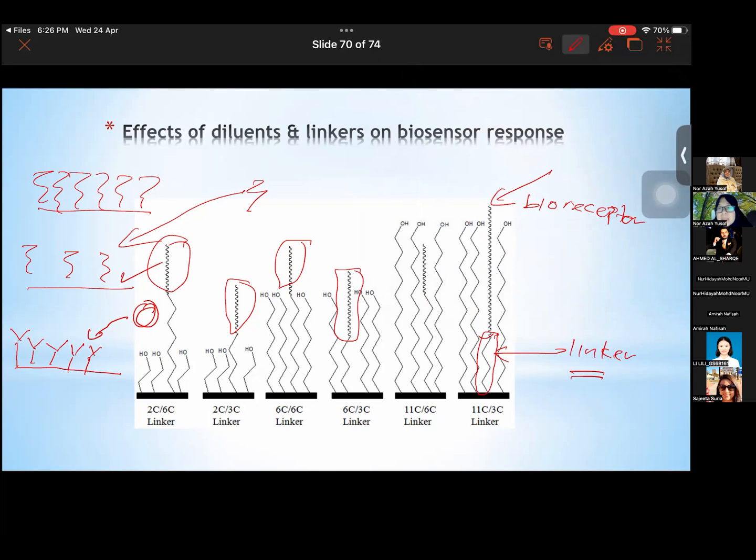And why do we need linker? I hope that you still remember when we talk about accessibility. I think last week. If you go to the shopping complex, buying Hari Raya clothes or whatever, when there are too many people, you went together with your friends, and because everybody wants to look at other things, not the same things, but you need to find them.